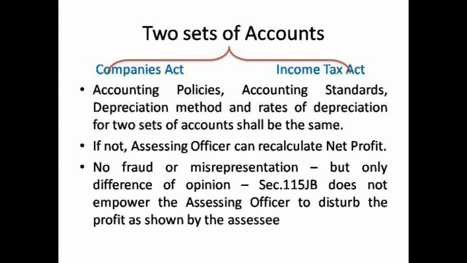As per the Companies Act, the company follows the revised Schedule 6 to prepare the profit and loss account and the balance sheet. You know, the profit and loss account shows the profit, that is the book profit, and on the basis of this book profit, rather we should say the net profit, the company pays dividend to its shareholders. It's fine.